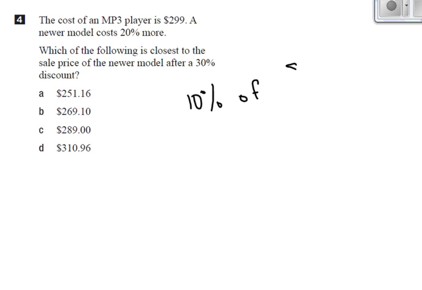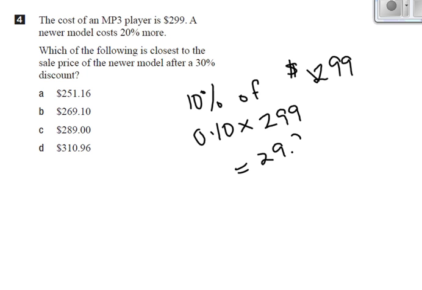10% of the original price, so the original price was $299. So 10% of that would be $29.90.